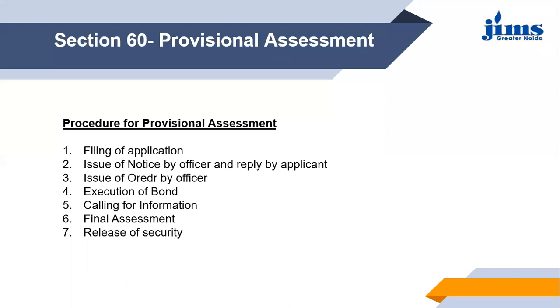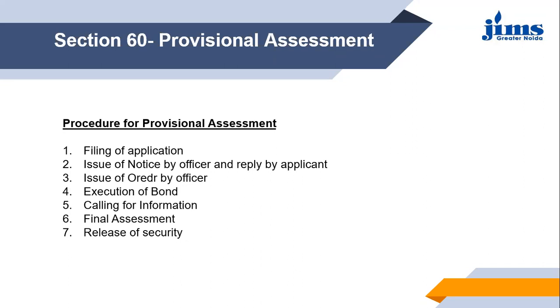And the proper officer shall pass an order within 90 days from the date of receipt of such request. That is, 90 days is the time limit for the issue of such an order. Then, as we have discussed, execution of bond is there, and the registered person shall execute a bond in ASMT 05 form, along with the security in the form of a bank guarantee.